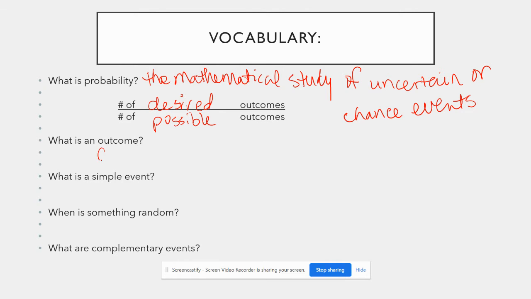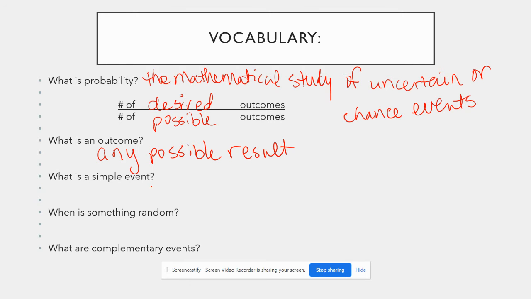An outcome is any possible result. So for example, if we were playing rock, paper, scissors, rock, paper, and scissors are possible results of the game. And so those would be called possible outcomes.